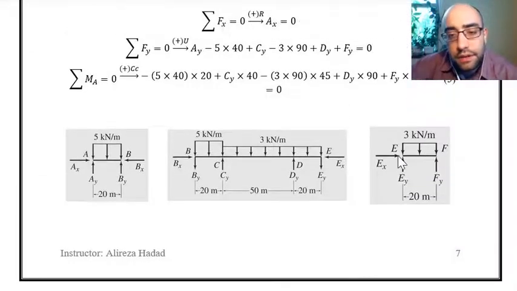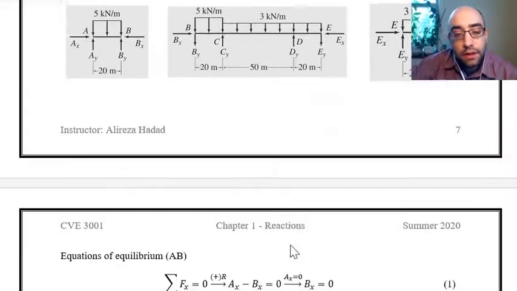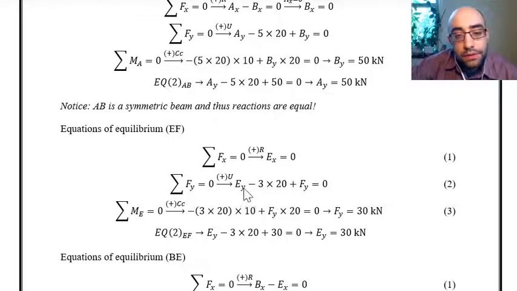I hope you can see it properly. So this is the segment. Summation of forces in x direction is equal to 0. So Ex is 0. Then we can say summation of forces in y direction equal to 0. And that would give us Ey plus Fy minus 3 by 20 equal to 0. That is this equation over here.